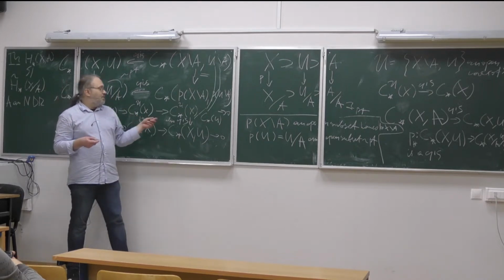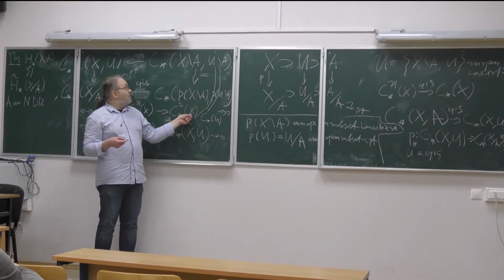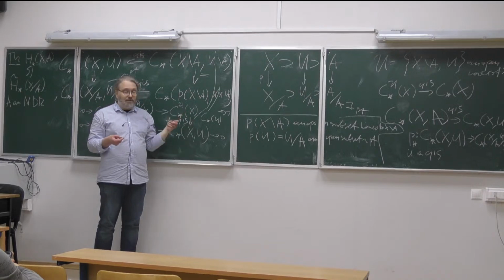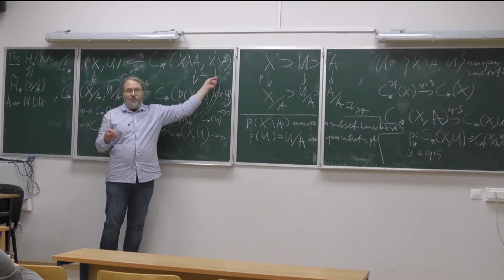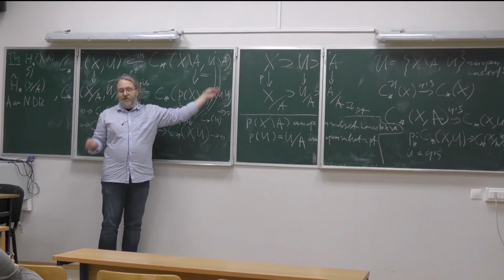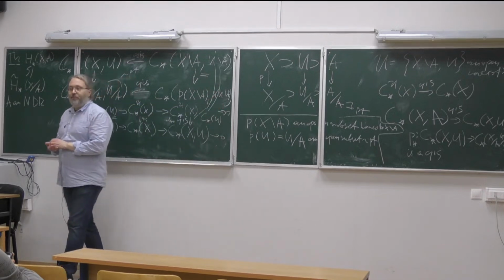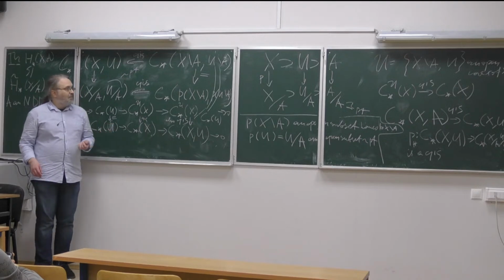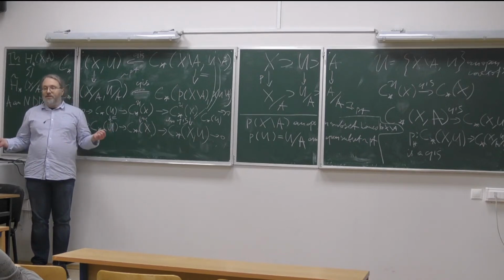So there's a map from this complex to this complex, and in fact in the other direction. This is not just a quasi-isomorphism; it's an isomorphism. Okay, does this make sense?